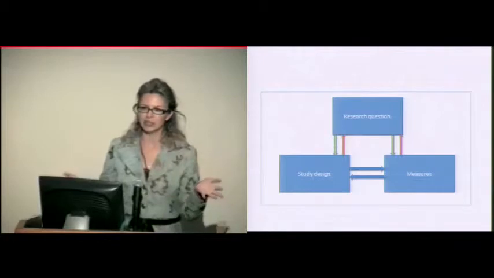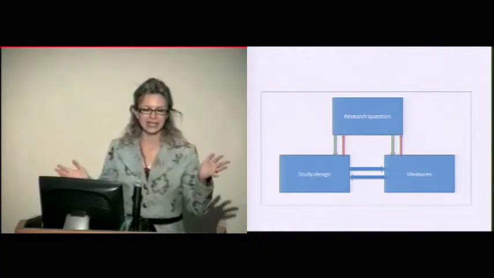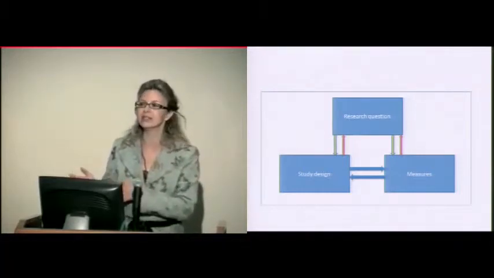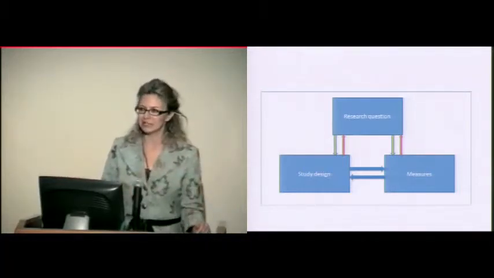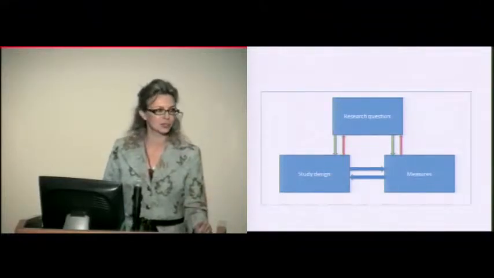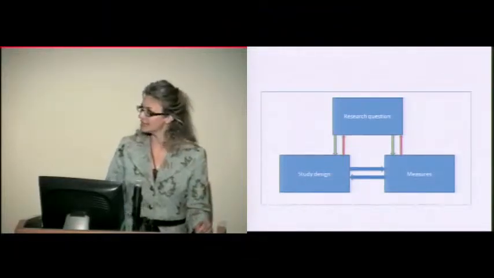So this is just to open our mind and think that there are certain designs that are more rigorous for certain type of research questions, but being more broad in terms of dissemination and implementation research will be essential so that you can answer the actual questions that this field has.